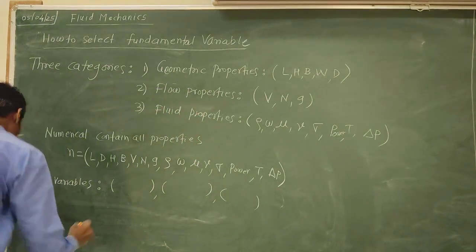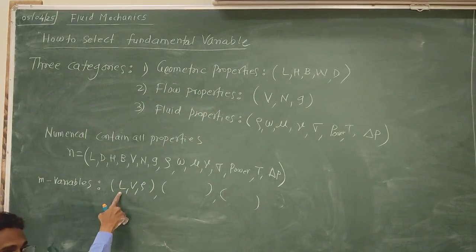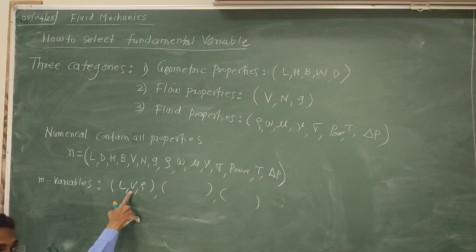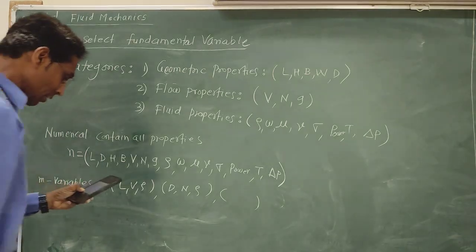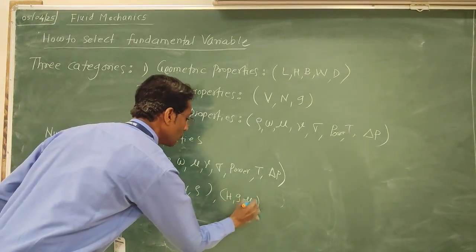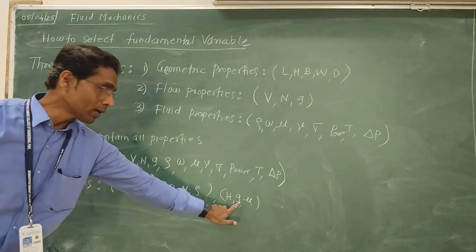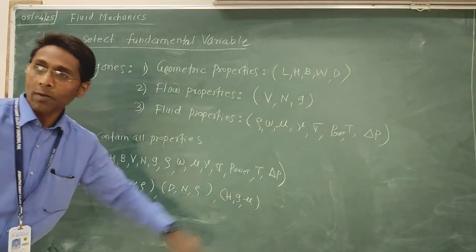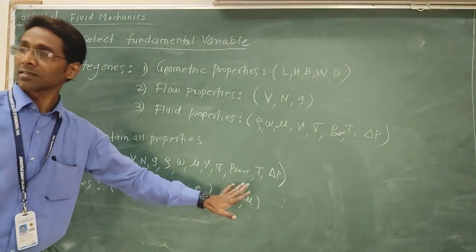You can take together L, B, rho: one geometric property, one flow property, one fluid property. You can take D, N, rho. You can write H, G, mu. One geometric property, one flow property, one fluid property. It depends on whatever is given to you; from that you have to select.